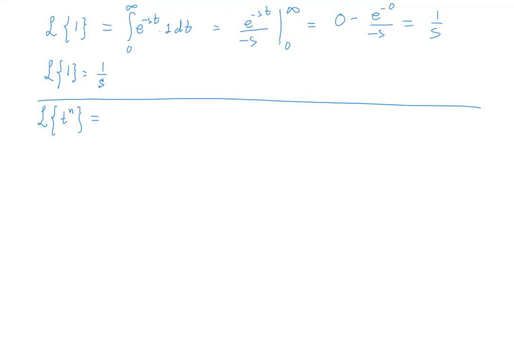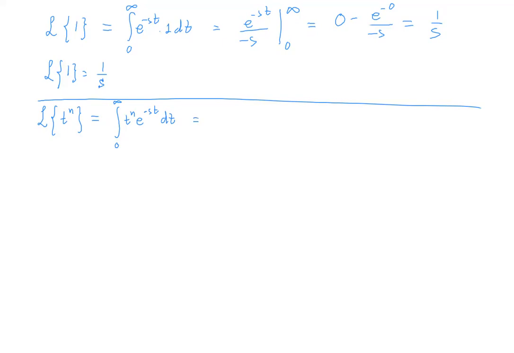So we would just compute the Laplace transforms of the monomials and then apply the appropriate coefficients. So we have the integral from 0 to infinity of t to the n e to the negative st. And what do you do here? You will have to do integration by parts.